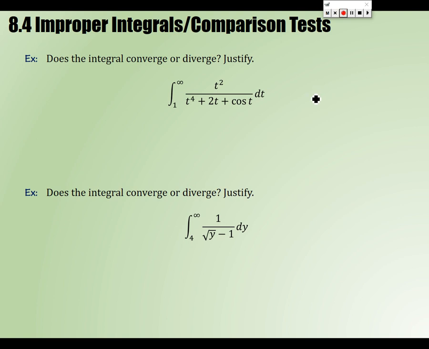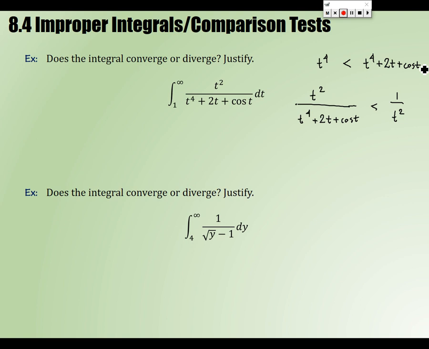I'm going to write this little bit off to the side here. This is what we want to show. To show that, we could show that t to the 4th is always less than t to the 4th plus 2t plus cosine t.